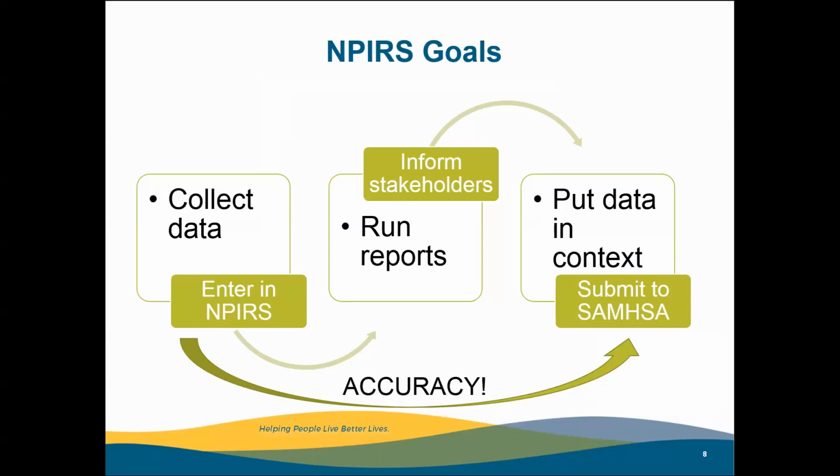At the bottom here, one thing I just want to emphasize is that we can't do any of this well unless the data that's in the system is accurate. Over the last 4 years that I've been with the division, I've really worked to try to make NPIRS a more intuitive and a better data collection tool, and I hope that some of you who have been in the system for a while have seen the benefits of that.